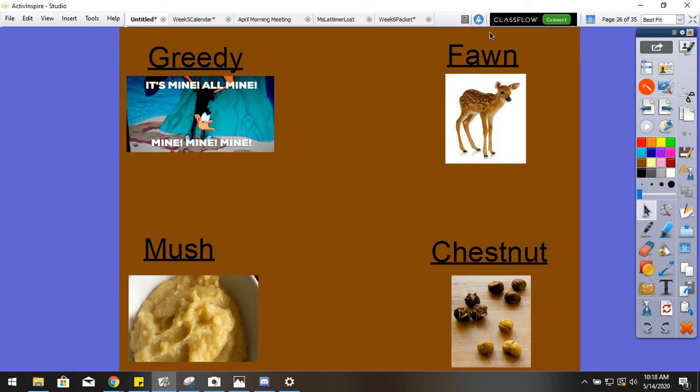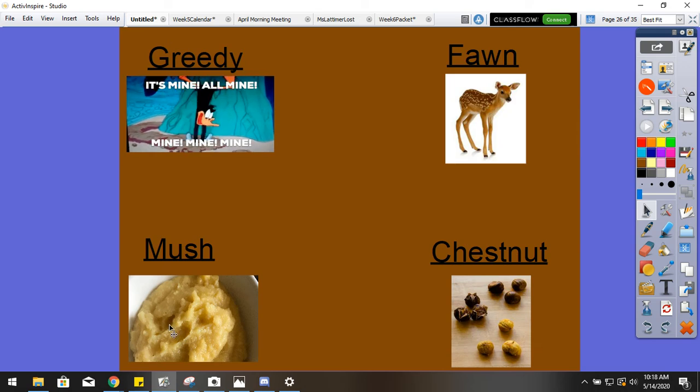The next word is fawn. A fawn is a baby deer. When a deer is just born, it is called a fawn. The next word is mush. This is something I didn't know a lot about when I first started looking at this, but mush is a type of food that is just mushed and ground up. I have a picture here.